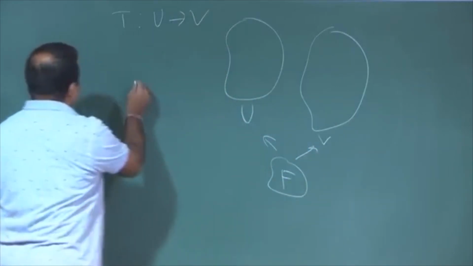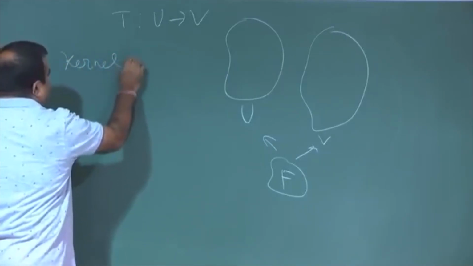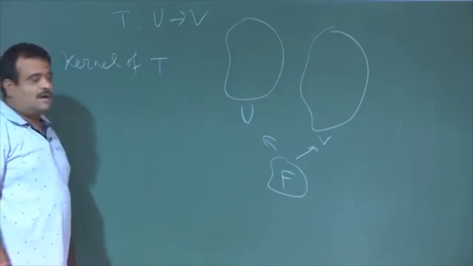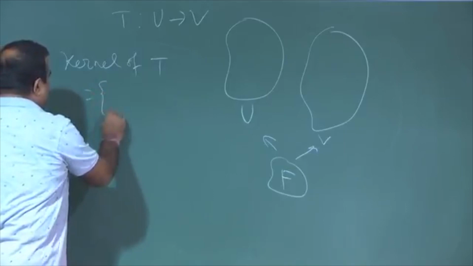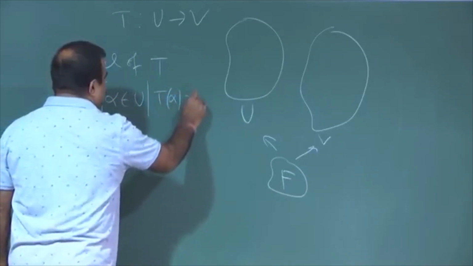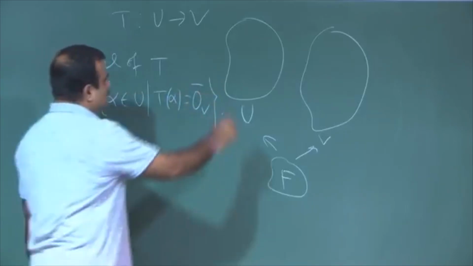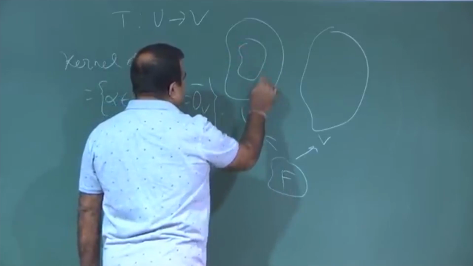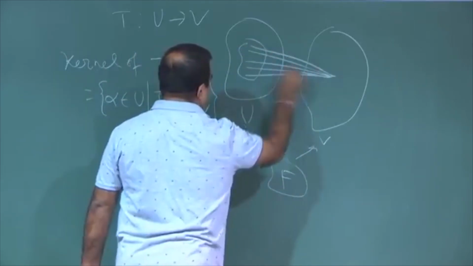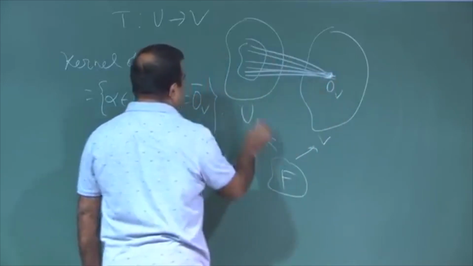So, we define the kernel of T. Kernel of T is basically the set of all vectors from U such that they are mapping to the 0 vector of V. So, it is basically the set of vectors which are all mapping to the 0 vector of V.